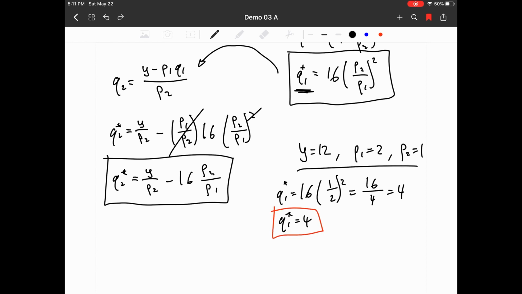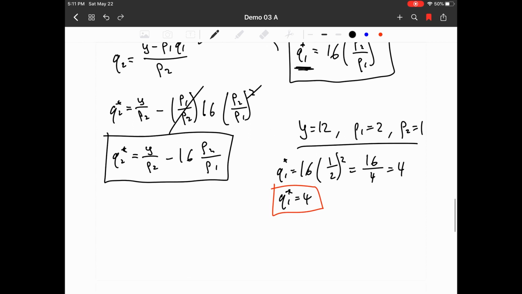For the second one, plug in 12 over 1 minus 16 times 1 over 2. This is 12 minus 8, which comes out to be 4.